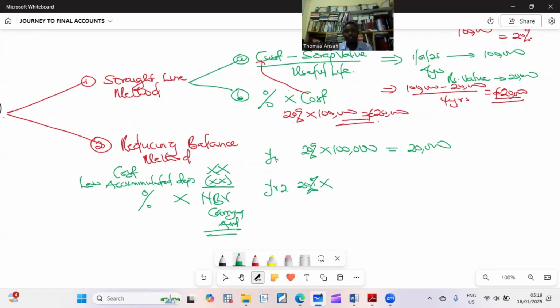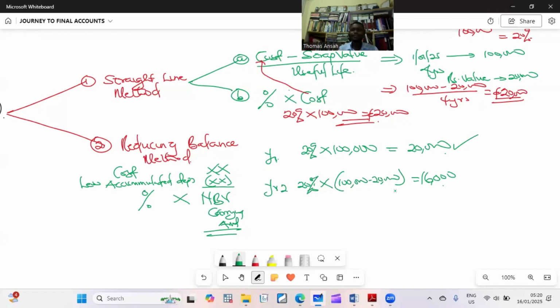There is accumulated depreciation because in the first year you did 20,000. So it is 20% multiplied by 80,000, which gives 16,000. In straight line, every year was 20,000, but in the second year here it is 16,000. So it is reducing.